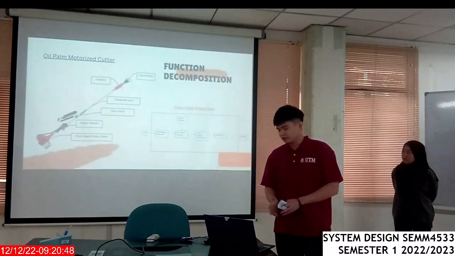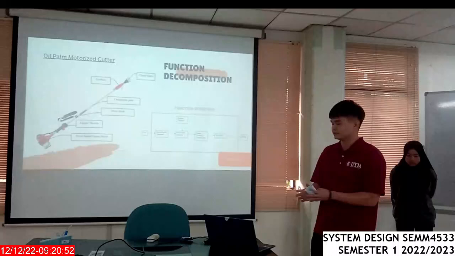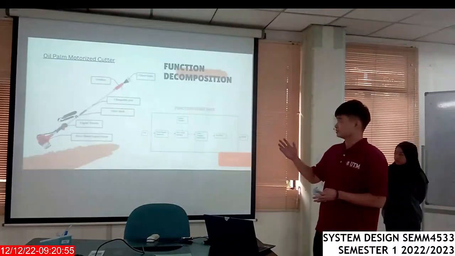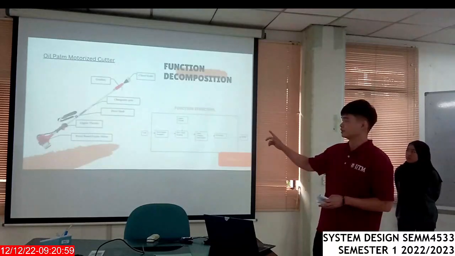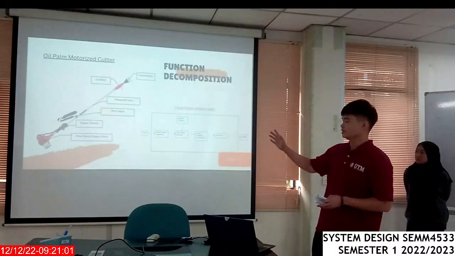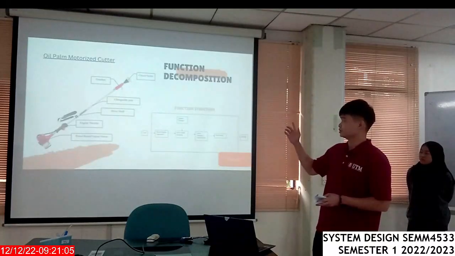So for function decomposition, we take the currently existing motorized cutter. It is made up of 6 elements, which are petrol-based engine motor, engine throttle, drive shaft, changeable pole, gearbox, and kicker and chisel.